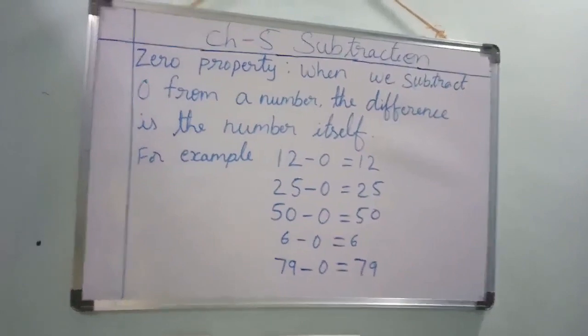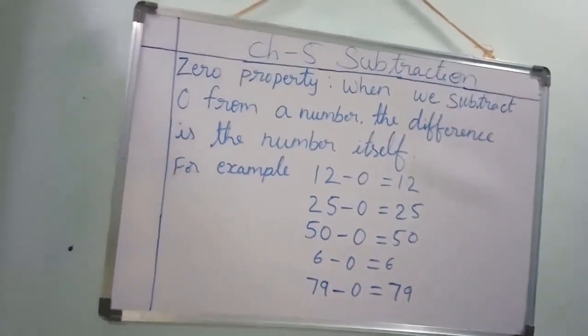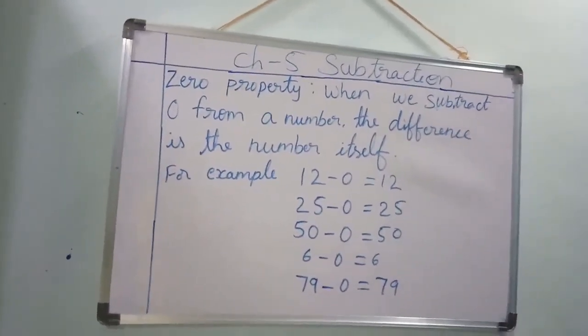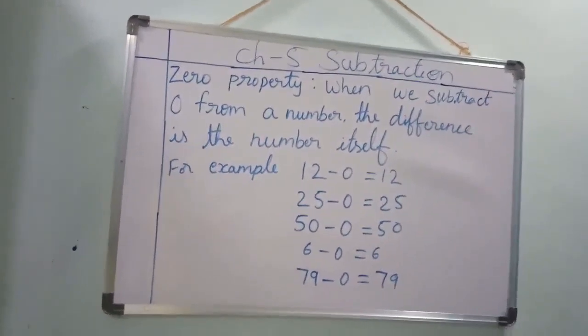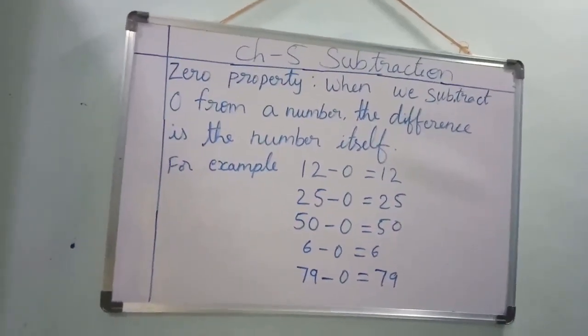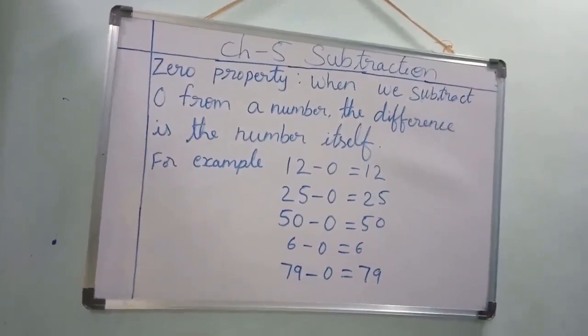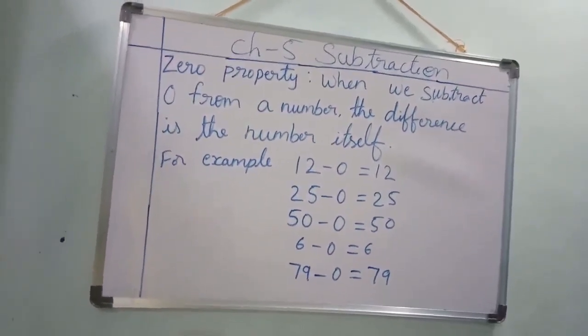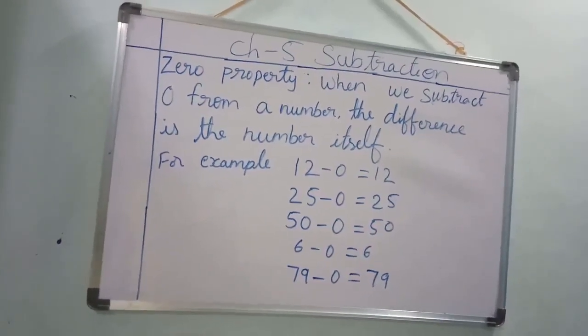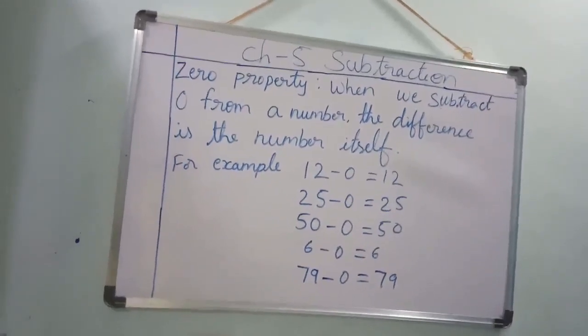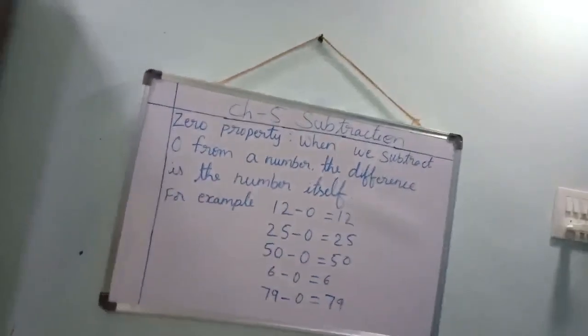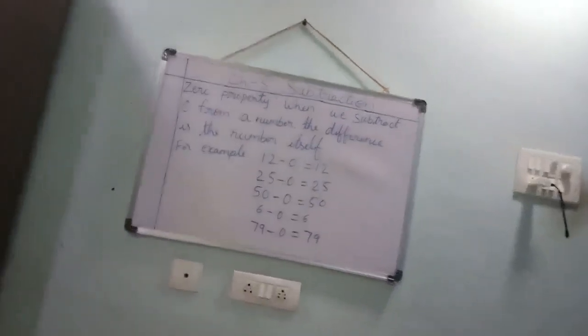Okay children, again read zero property. When we subtract 0 from a number, the difference is the number itself. Understood children? Not only 12, you can do any number.